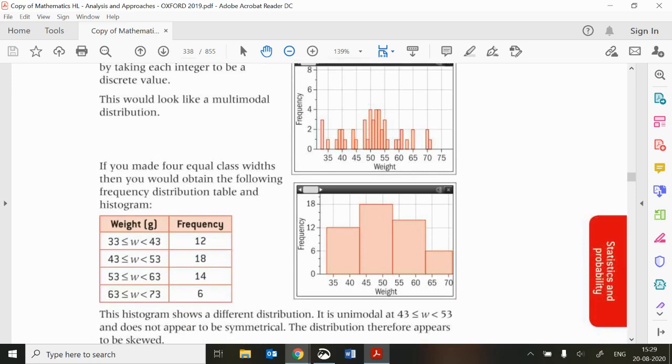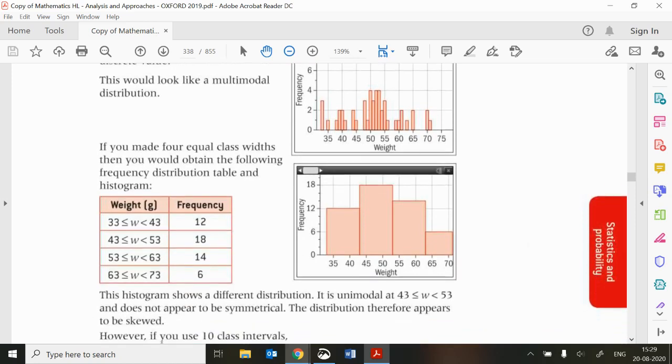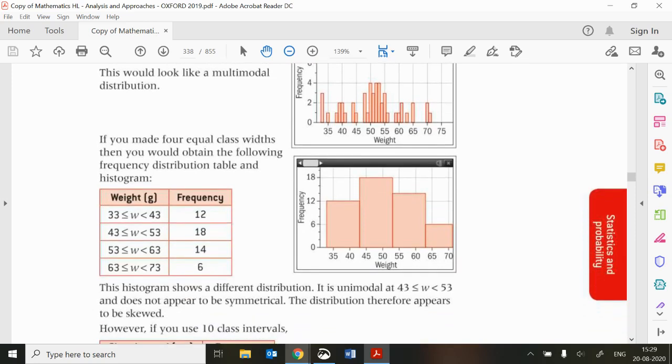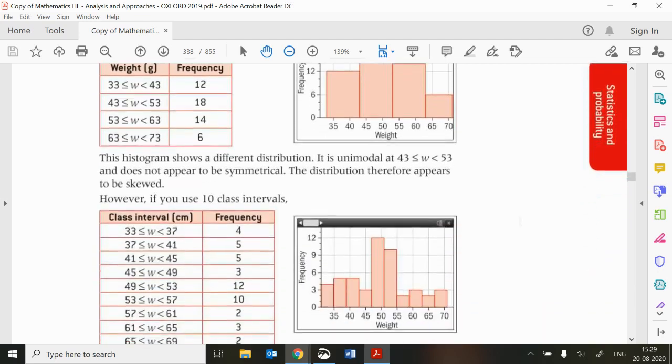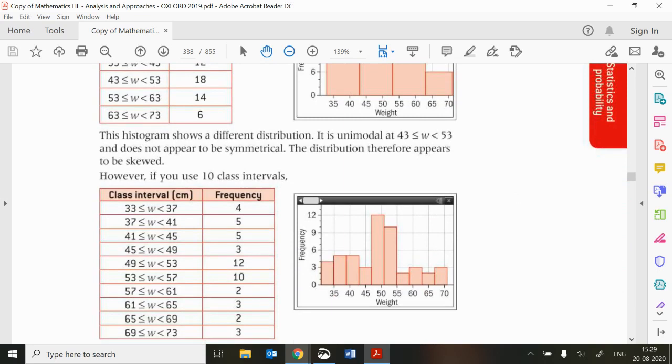If you have really wide class widths, then you can see there's a much clearer pattern happening. And there's not multiple modes, there's just a very even distribution. Now, if we go somewhere in between those two things, we can see now that the distribution doesn't look as even. So it really matters how we divide our data up.